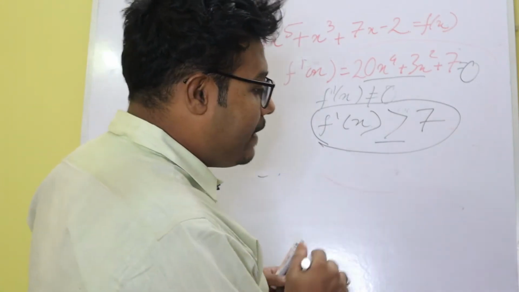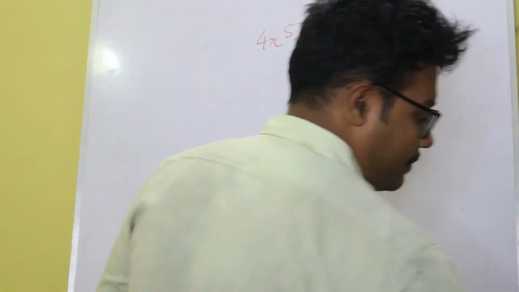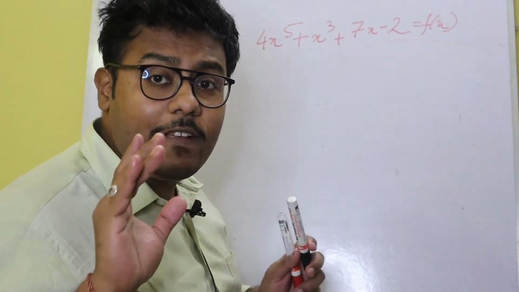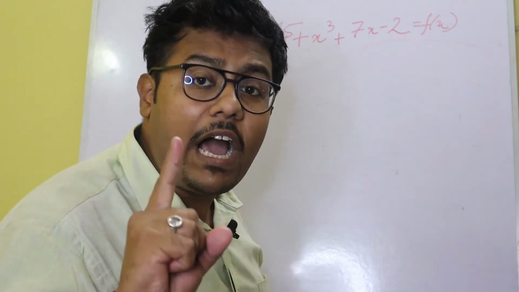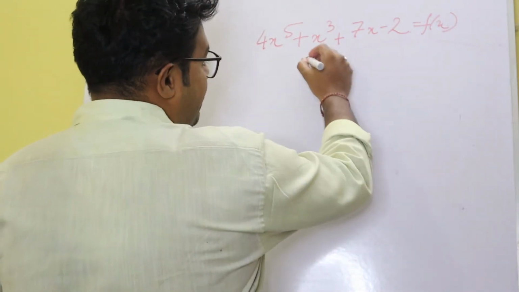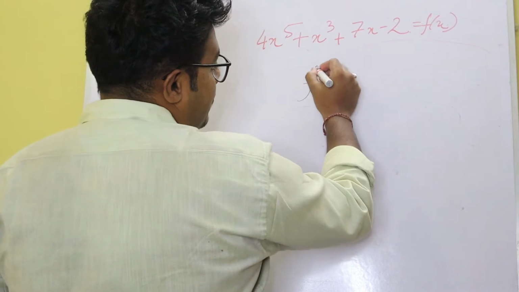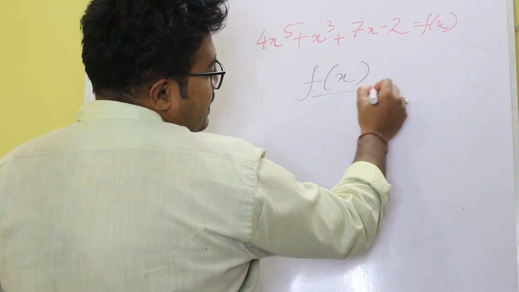So we will say that there are not at least two roots, but exactly one real root, because this is a polynomial function. And since Rolle's theorem has failed, we will say that this f of x has exactly one real root.